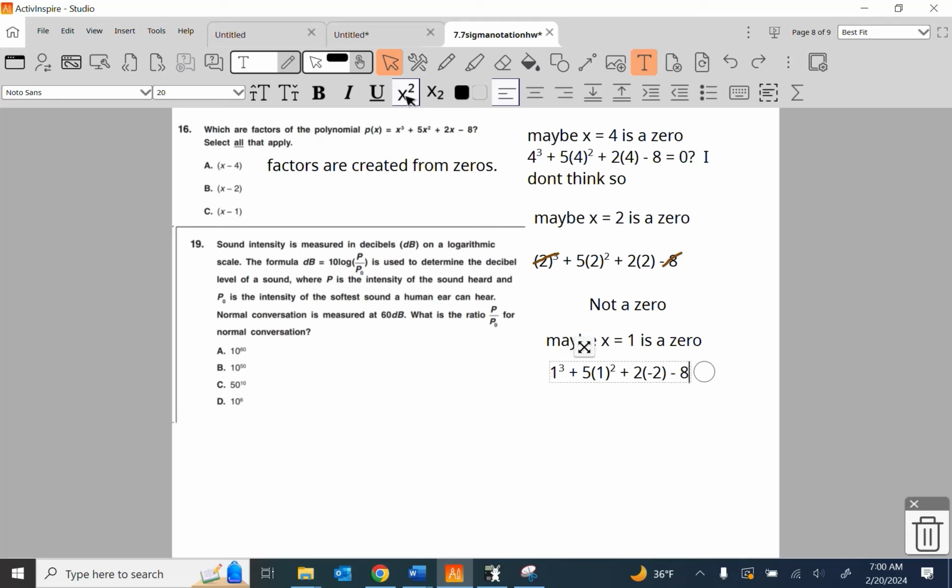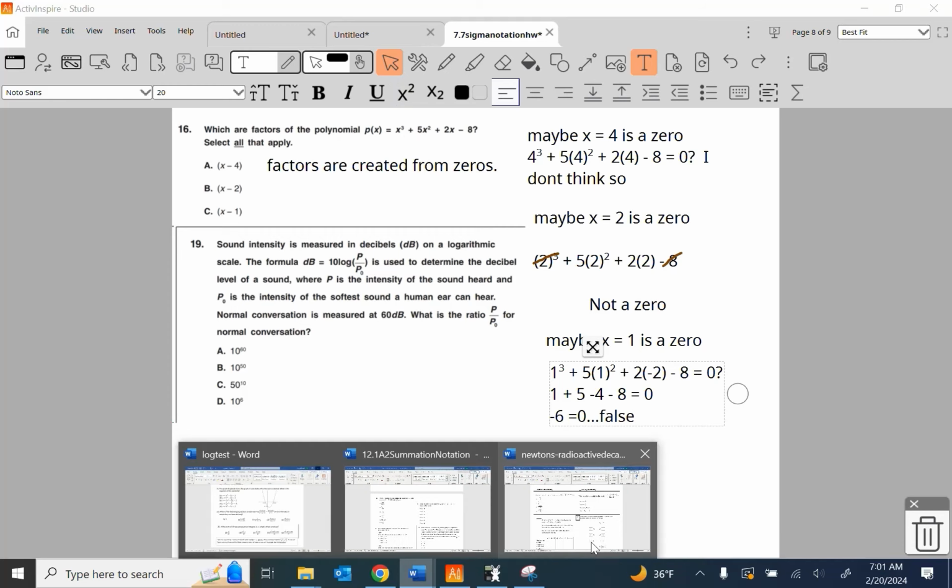This isn't a 0 either. That's 1 plus 5 minus 4 minus 8, which is negative 6. It's definitely false. All right, so what other choices do we have to make here?